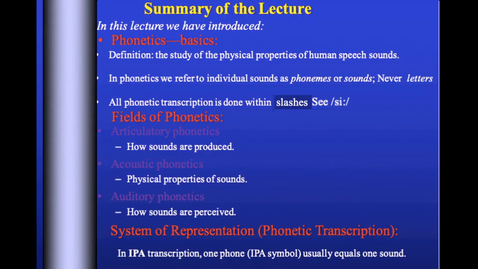The third branch is the auditory phonetics, how sounds are perceived with the ear and interpreted with the brain. The other point that we have seen in the lecture is the system of representation. It's phonetic transcription. In IPA transcription, one phone usually equals one sound.